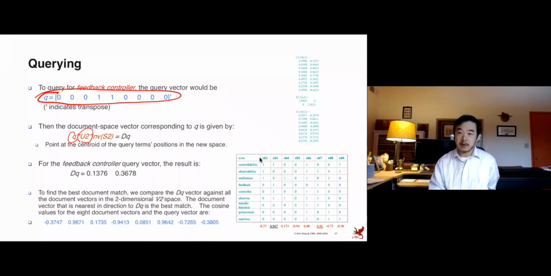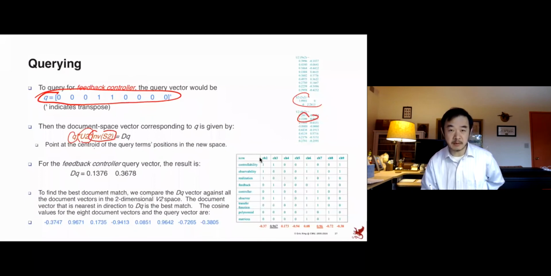And then you need to normalize it by multiplying by the inverse of the eigenvalue matrix so that it becomes magnitude-wise comparable to the already projected documents here, because they all have the eigenvalue weighting already done when they are projected. So then you get a new expression of the input query, which is here.